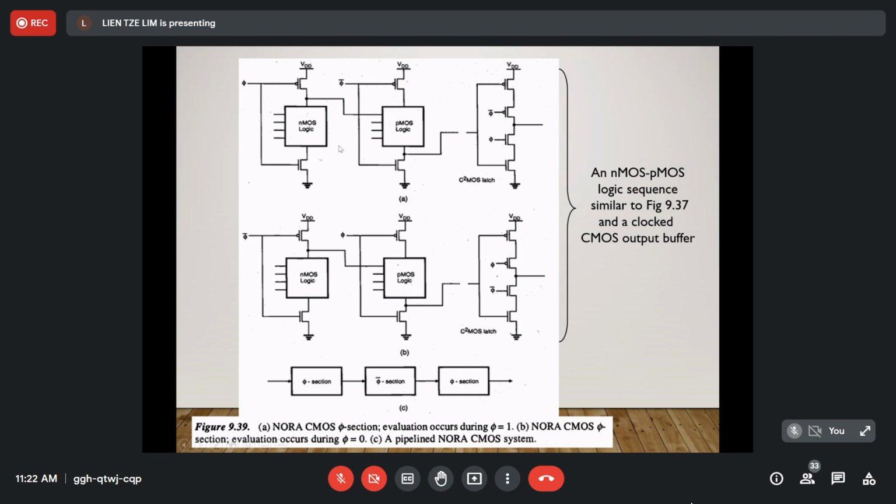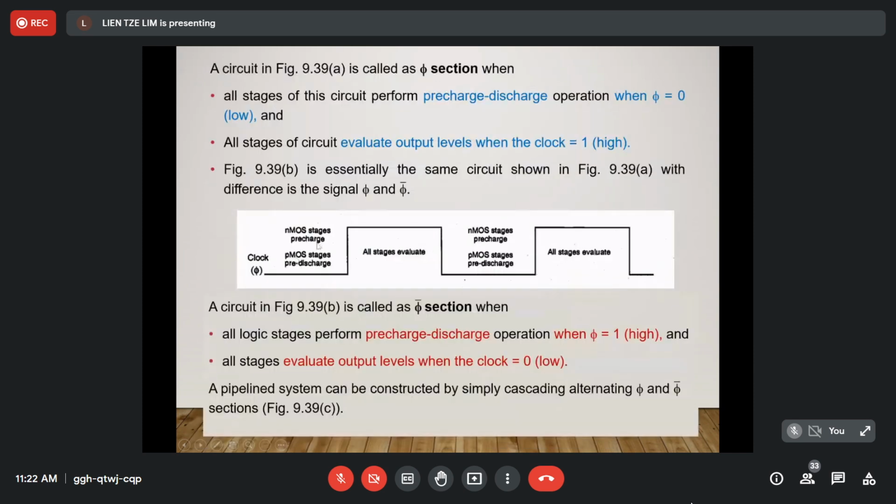And then for the next, figure 9.39b, they are also similar, except that the clock signal to the PMOS, that is with the NMOS logic block, is an inverted clock signal. This section is called phi, but with a bar. It's actually with an inverted clock signal.